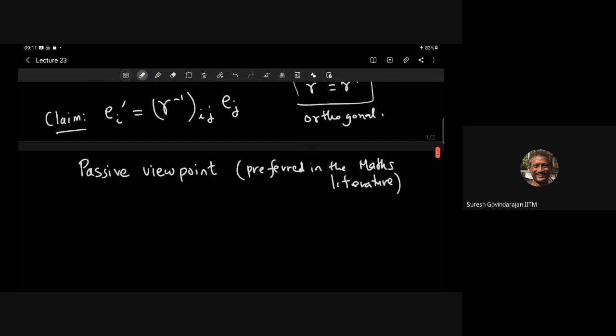So what is written out there is the following: that x vector. So I'll just write something. Summation over i, this should be equal to summation over i x_i prime e_i prime plus some r vector.